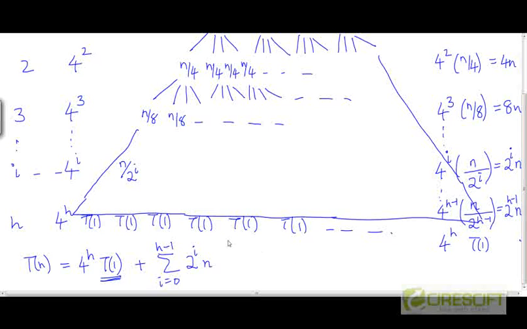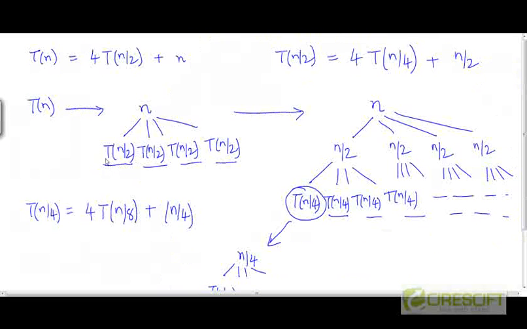Now 4 to the power h, which is the number of nodes at the bottommost level, can be expressed in terms of n, because the height of the tree, h, is the height at which the size of the subproblem reduces to 1. When we create the first level, the subproblem size at the first level was n by 2. When we created the second level, the size of the subproblem was n by 2 square.